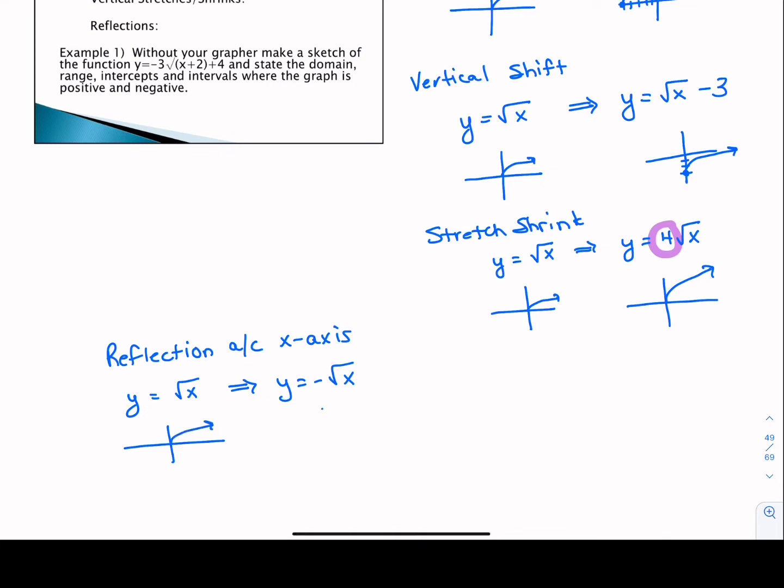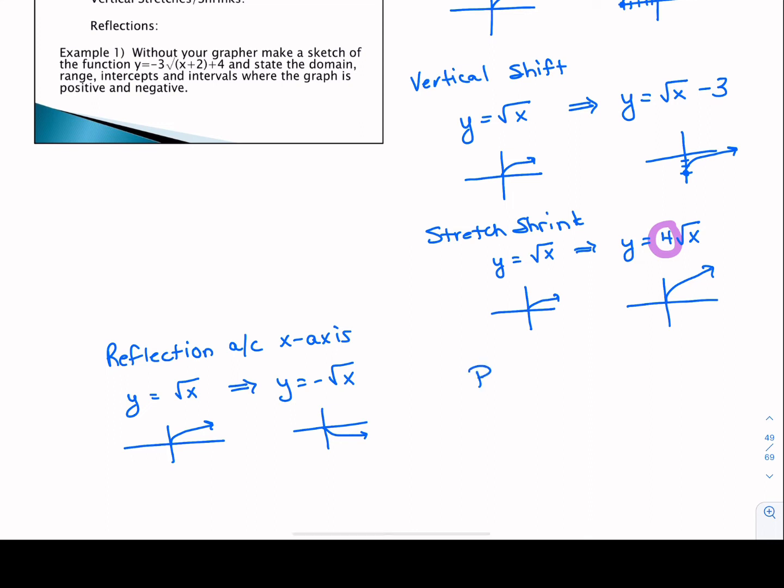So you go from your original radical function to something, if you can imagine imprinting that graph across the x-axis or folding this grid along the x-axis and making that imprint, you would all of a sudden have a graph that was sitting underneath the x-axis and is decreasing instead. So this constitutes a reflection across the x-axis.